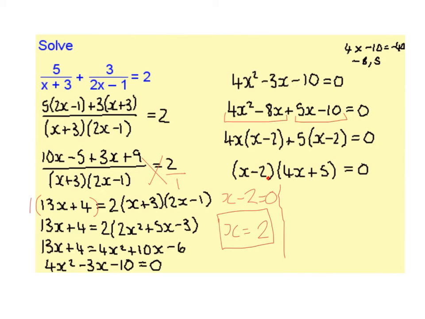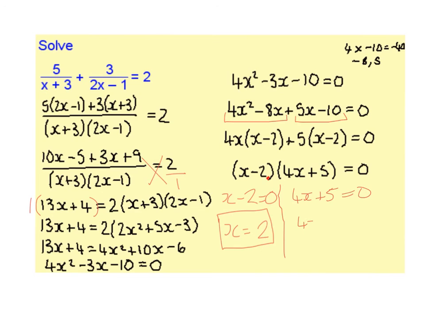So I found one of my x values. I then need to do the same with 4x plus 5. I need to let it equal to 0. And then I need to solve to get the x on its own.